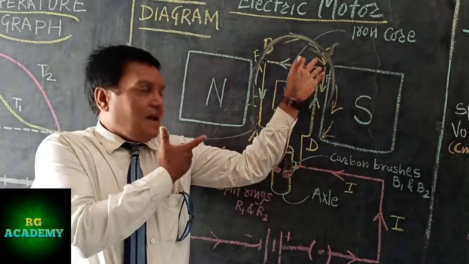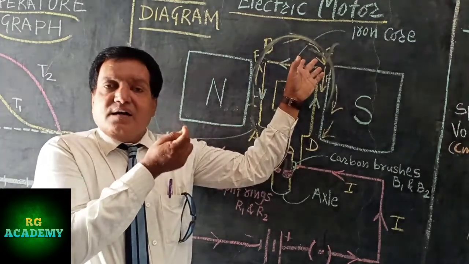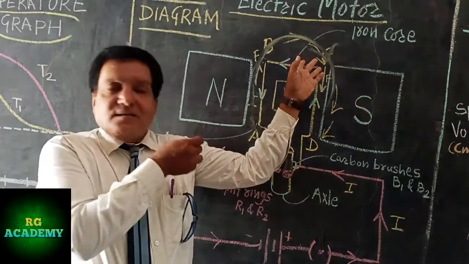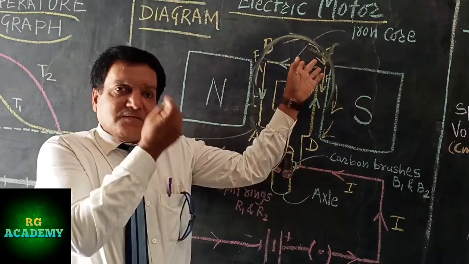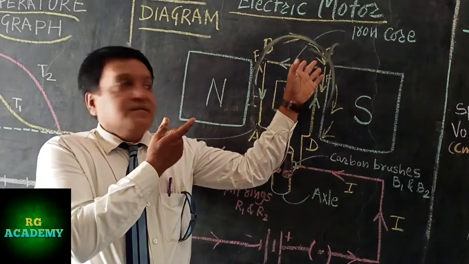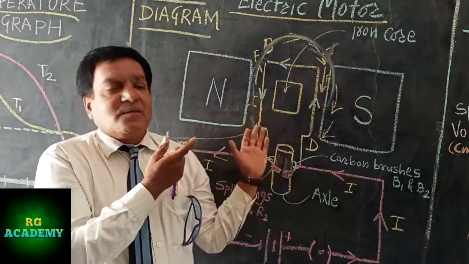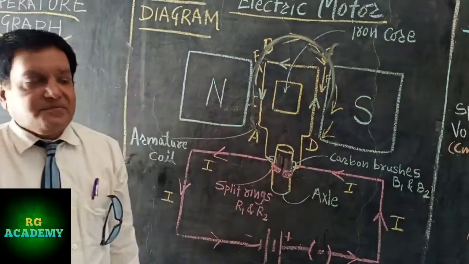Here the current is in the armature coil. It is nothing but copper wire wound up, which is the conductor carrying current, placed in a magnetic field, so it will experience the force. This coil will rotate by Fleming's left hand rule, in the clockwise direction in this situation.